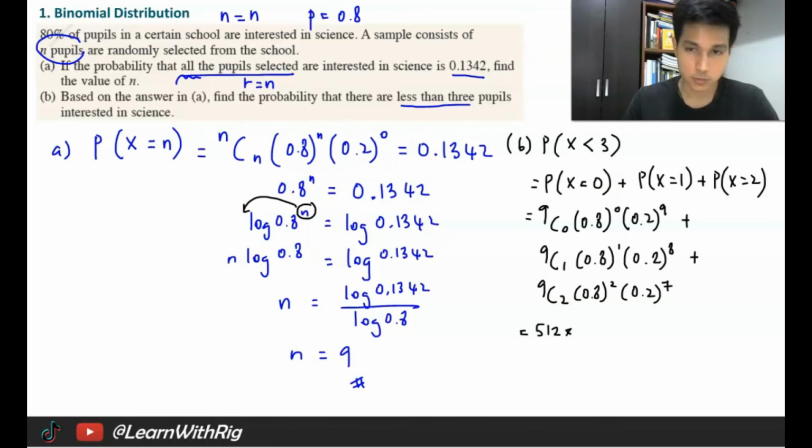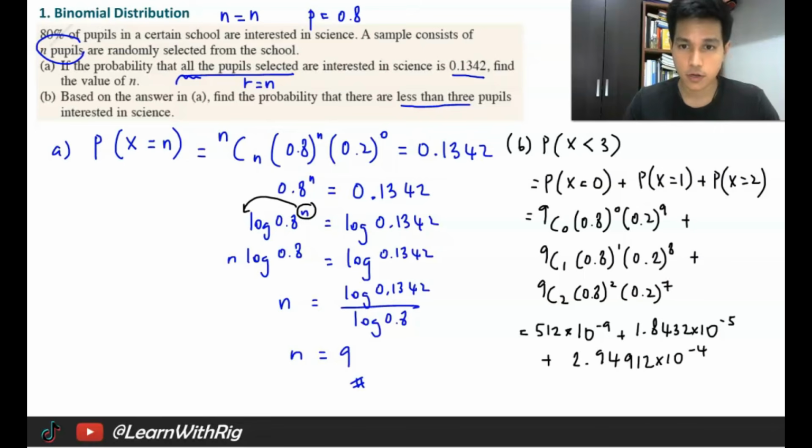First one is 512 times 10 power negative 9, plus 1.8432 times 10 power negative 5, plus 2.94912 times 10 power negative 4. So you add all of them together, you should get 3.139 times 10 power negative 4.